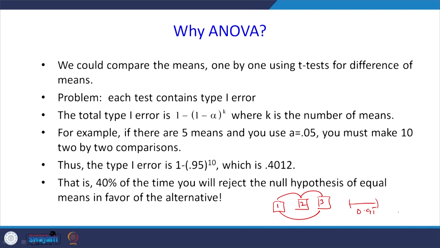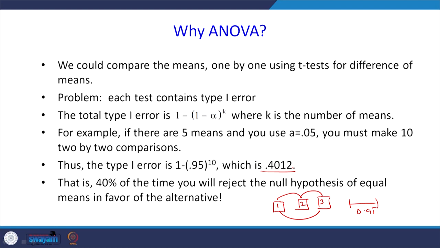So 1 minus the confidence level is nothing but our error. 0.95 power 10, if you subtract it from 1, that is your error. The error is 40%. That is, 40% of the time you will reject the null hypothesis of equal means in favor of the alternative. That is why we should not go for the 2 sample t test.